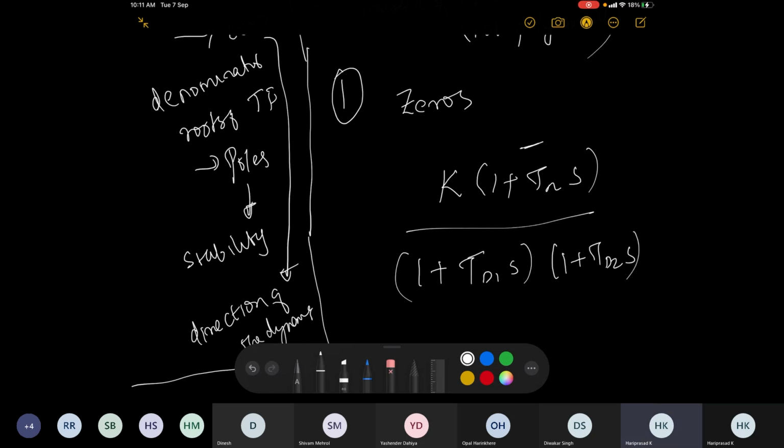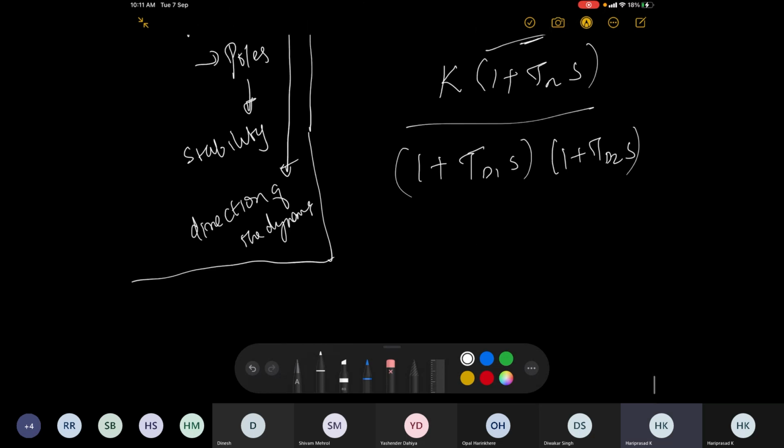So you're sure that there is a zero here, and there are two poles here. So what we have observed is that if this tau n, which is the numerator time constant, is greater than 0, it's good.